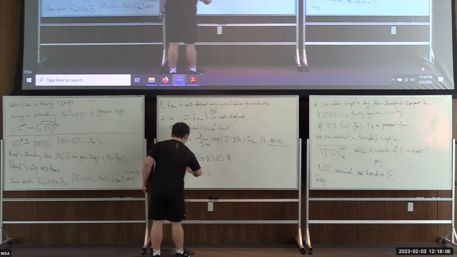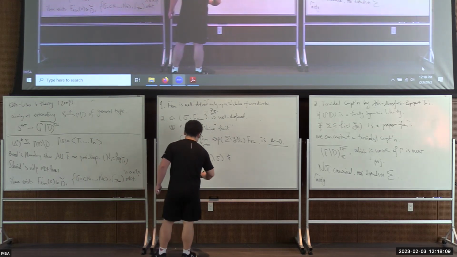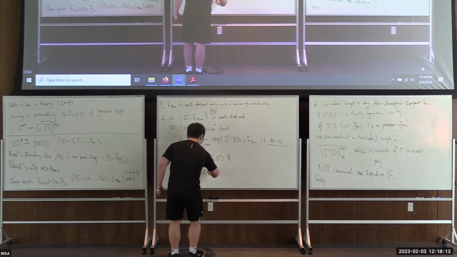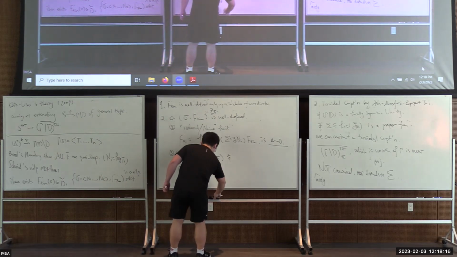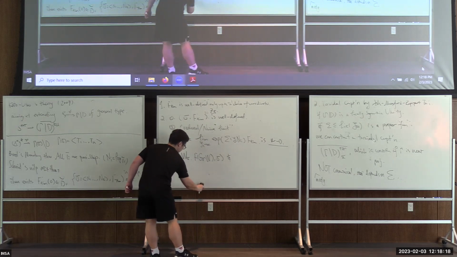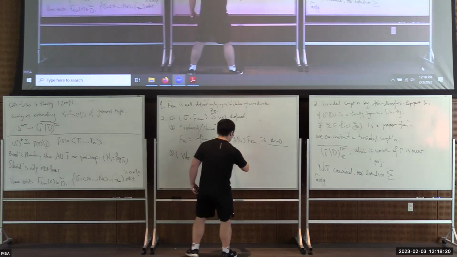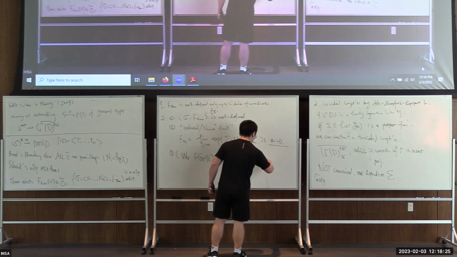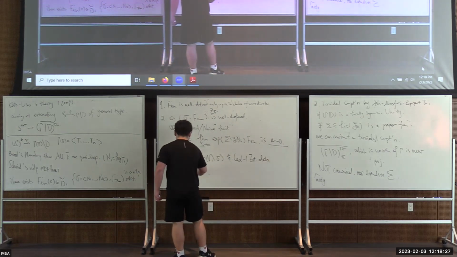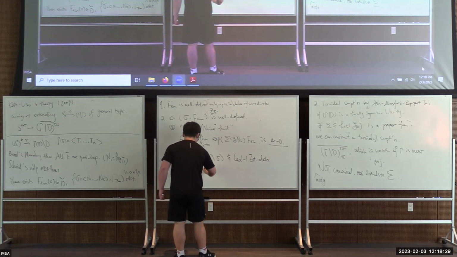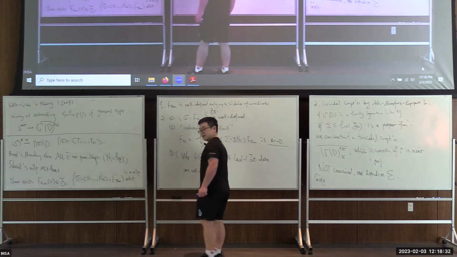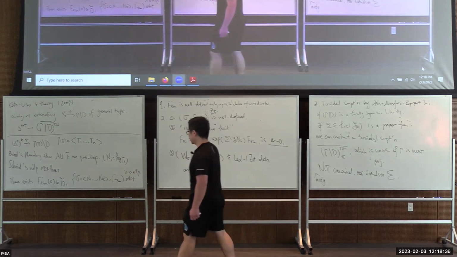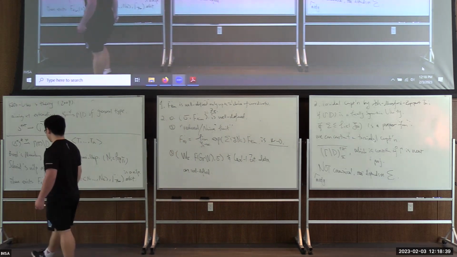So we have these well-defined objects for this local period map.